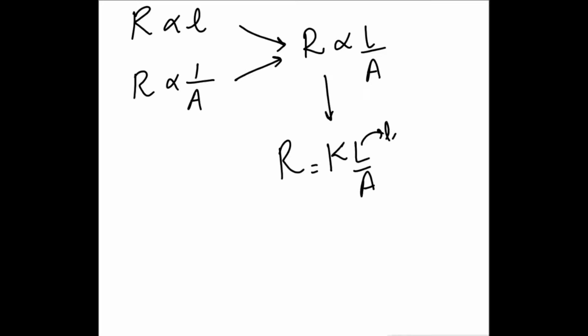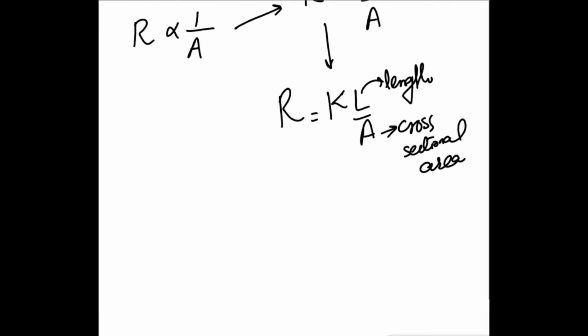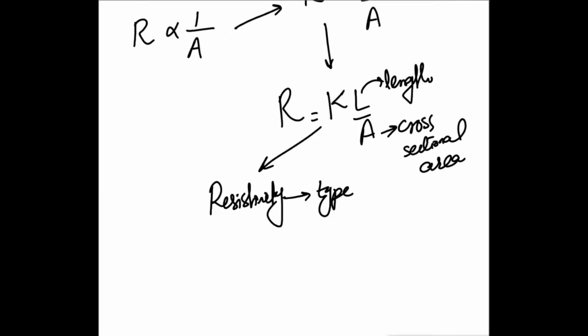Again, L is the length of the conductor, how long the wire is, and A is the cross-sectional area, how thick the wire is, right? So in our case, this K is basically resistivity. This actually tells us the type of material. You see, copper, silver, aluminium, brass, all of these metals will have different values of resistivity.